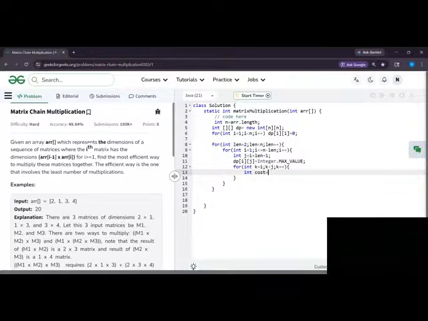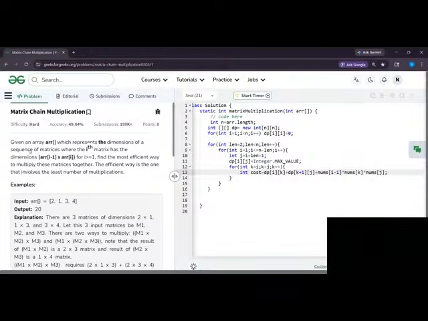It is similar to the same logic that we wrote earlier, but here instead of making a recursive call, I am taking the answer from my DP array: dp of k plus 1 to j plus nums of i minus 1 into nums of k into nums of j.